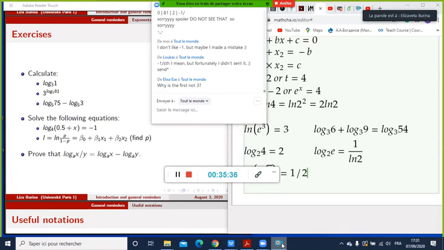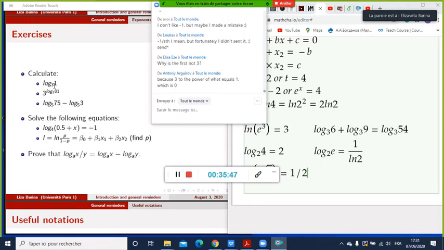So to just close this week and start next week fresh. And why the first is not 3? So what is written here? Oh, because 3 to the power of what equals 1, which is 0. Okay, yeah, exactly.